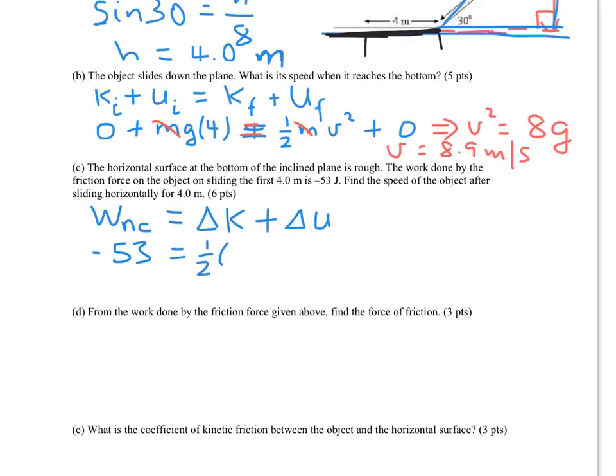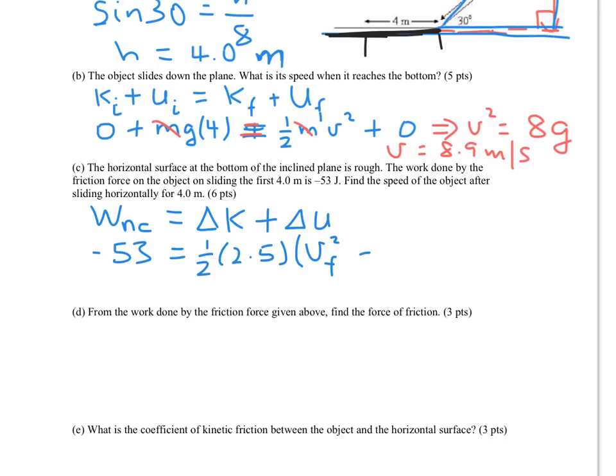Now the mass is 2.5 kilograms. It will be v final squared, don't know what that is, minus 1/2 m v initial squared. So I'm going to factor out the 1/2 m, so minus v initial squared.